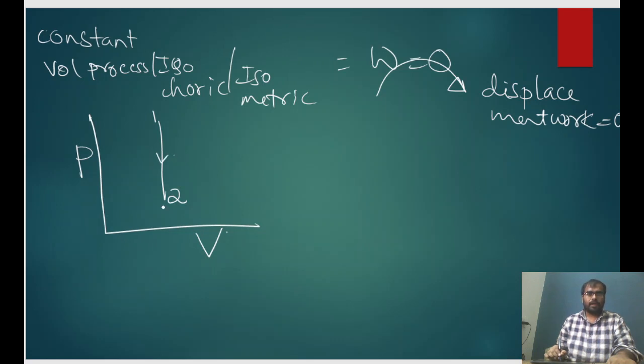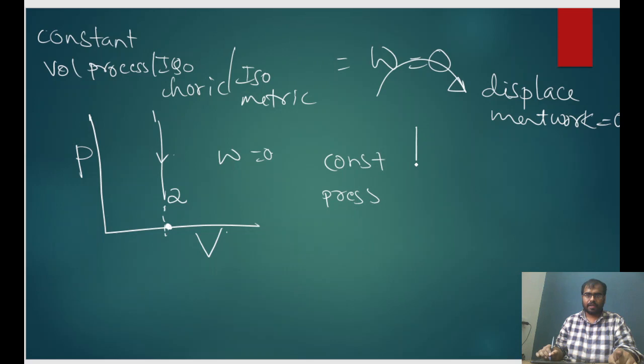The area under the PV diagram on the volume axis is known as work done. See here, there is no area on the volume axis, so the work done is 0.